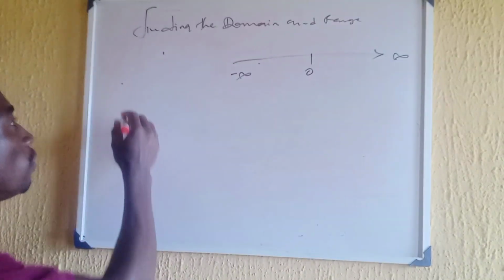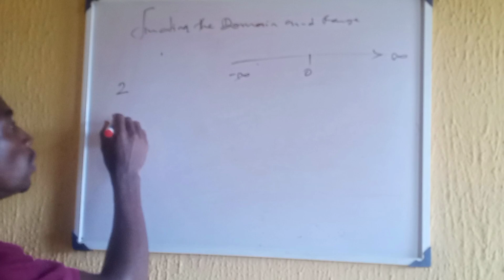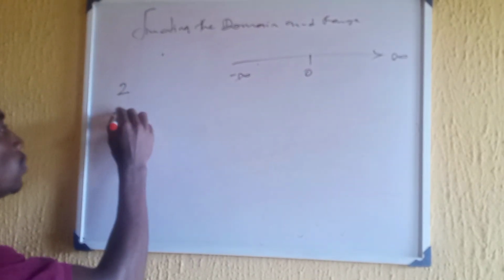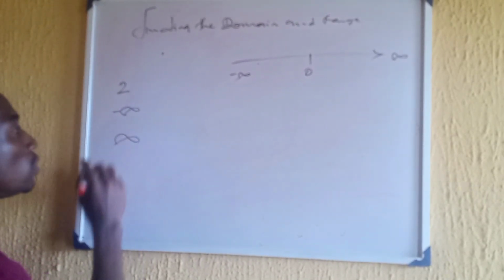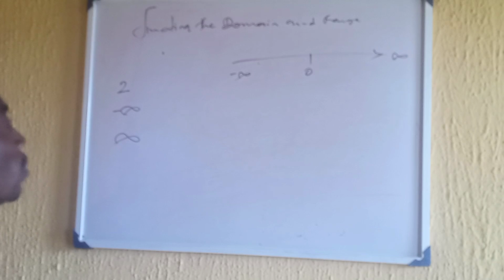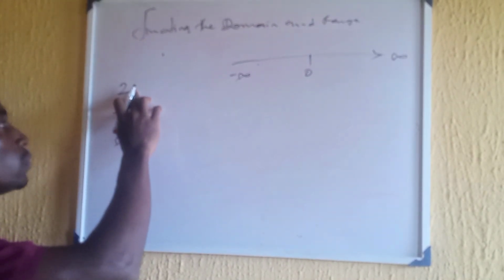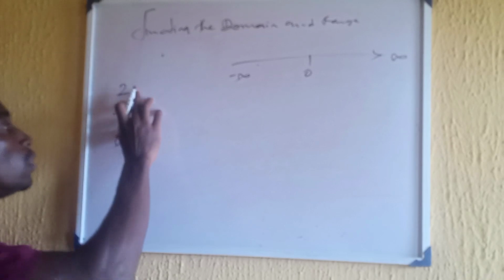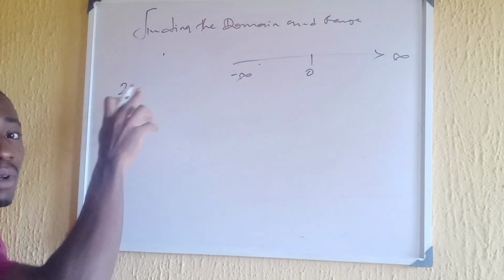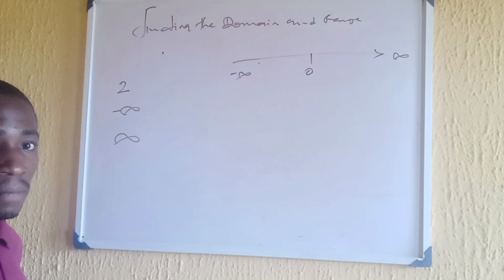So let's assume we have a number 2. Then we have the boundary value and we have this. So this is a finite number, whereas this is an infinite number, or in other words, negative infinity.